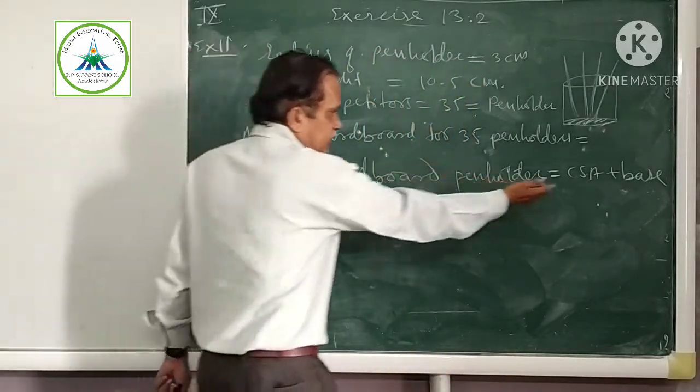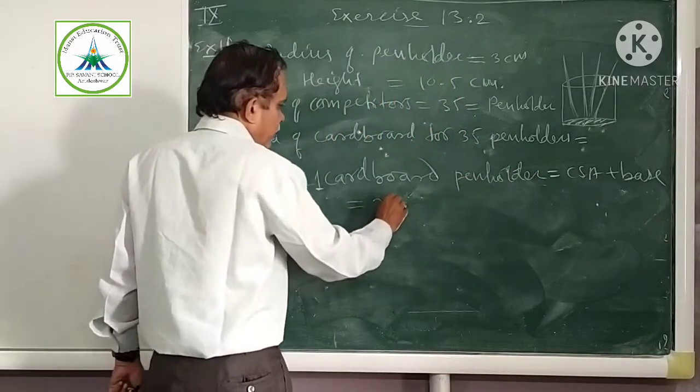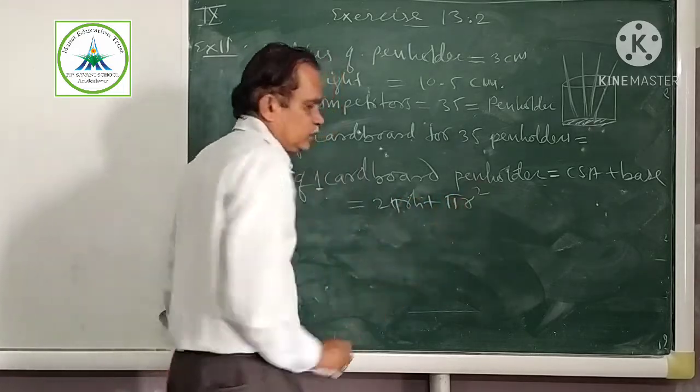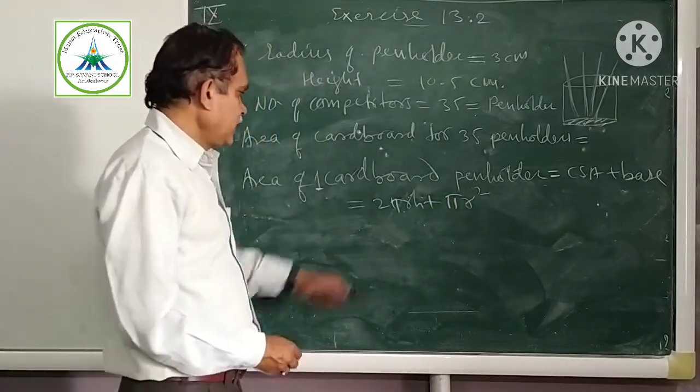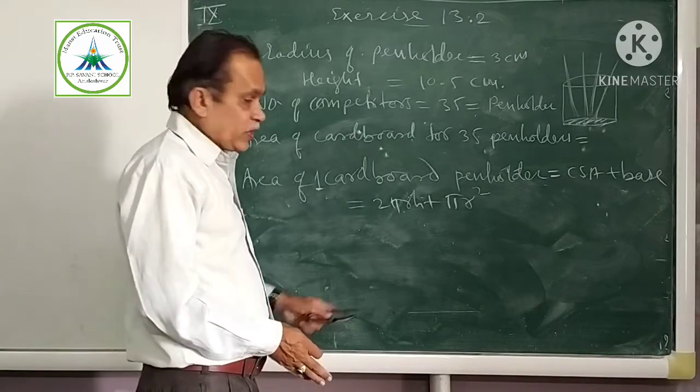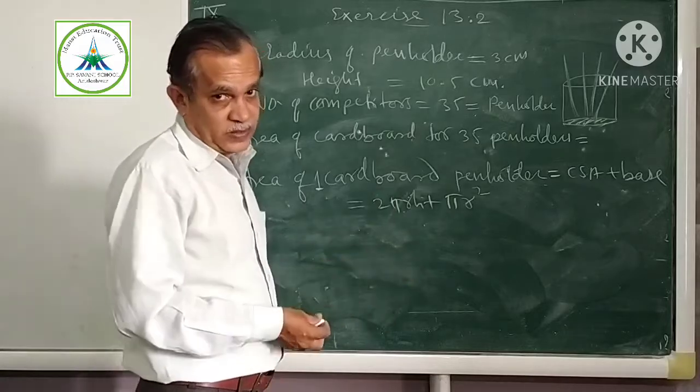Therefore, CSA plus base is 2 pi r h plus pi r square. So this is for one cardboard pen holder; whatever answer we get, we will multiply by 35.